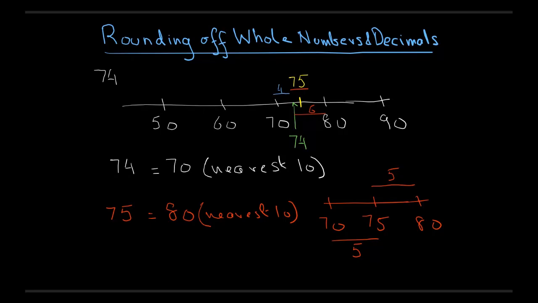Okay, so let's try another problem. Let's look at a problem like 273.1. This is the problem that we are trying to do. Let's round it to the nearest 10. Again we can skip count by 10.